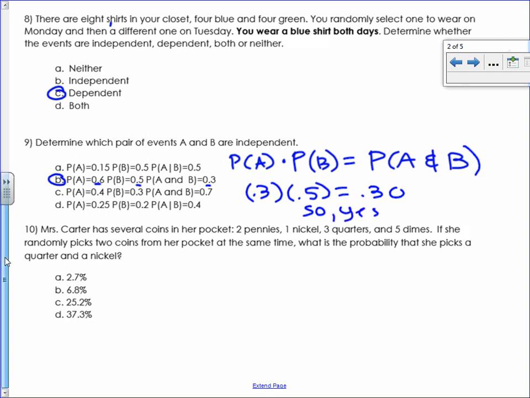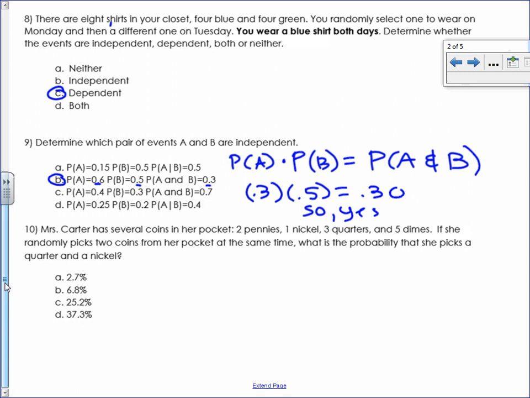All right, number 10. Mrs. Carter has several coins in her pocket, 2 pennies, 1 nickel, 3 quarters, and 5 dimes. If she randomly picks 2 coins from her pocket, what's the probability that she picks a quarter and a nickel? So this question was really not phrased that well.